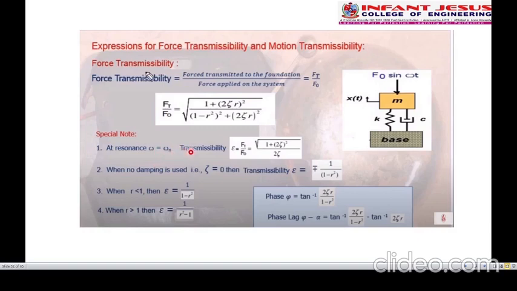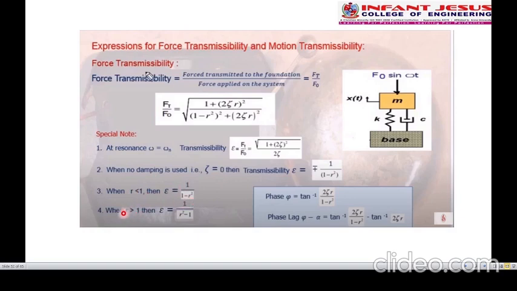If we take r equal to 1 at resonance, the formula becomes the square root of (1 plus (2 zeta) squared) divided by 2 zeta. When zeta is equal to 0, that is, if there is no damping, the damping coefficient is 0. Then the transmissibility is plus or minus 1 by (1 minus r squared). When r, the frequency ratio, is less than 1, eta equals 1 by (1 minus r squared).